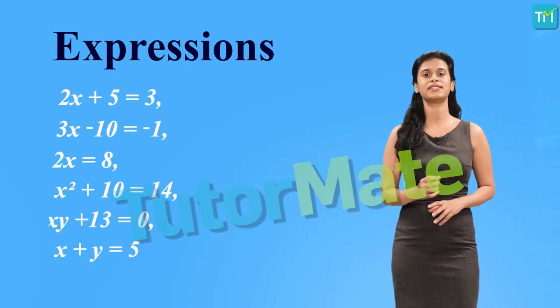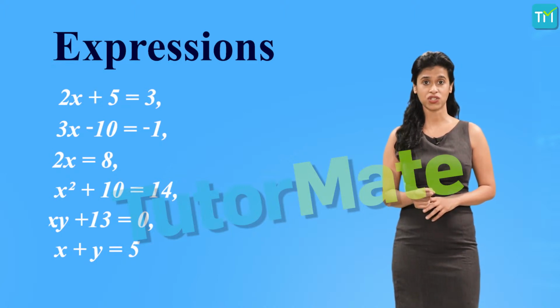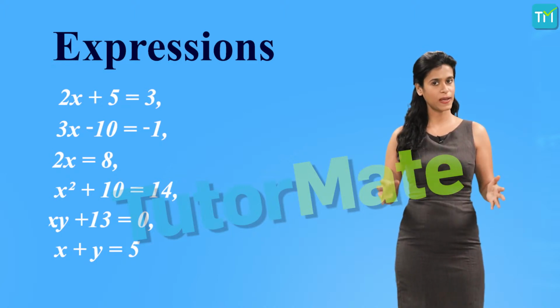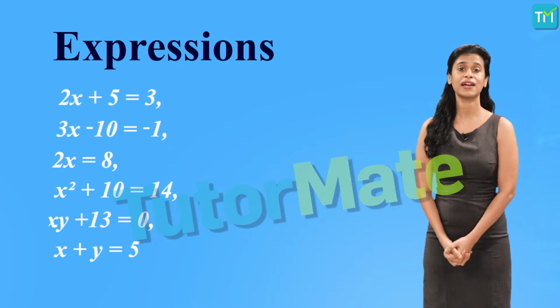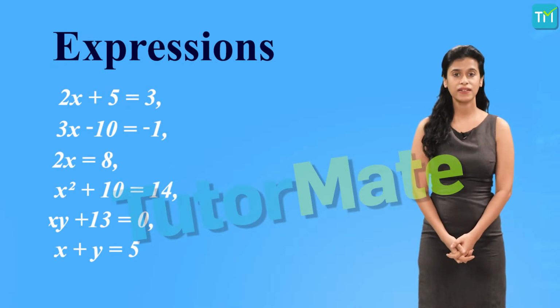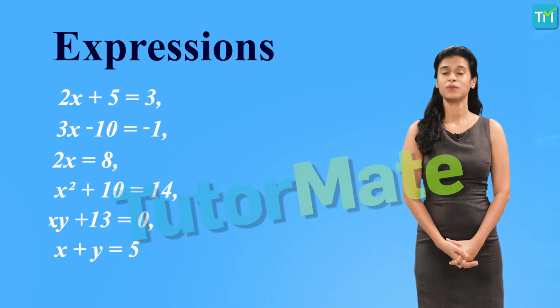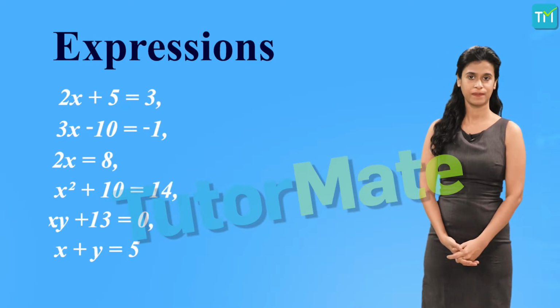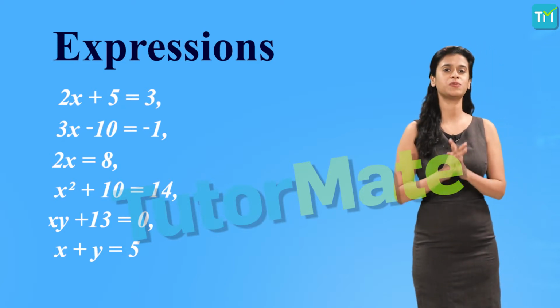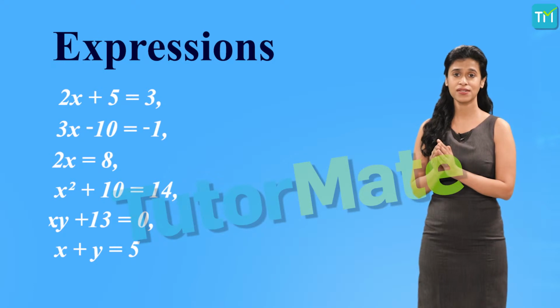These look quite similar to the first set of expressions that we saw, don't they? Even these expressions have different terms which are variables and constants, but they are not exactly the same. Can you spot the difference between two sets of expressions?